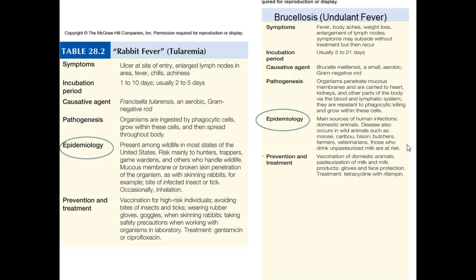So they can be infected, and the bad news with this is that for them, when they have this infection, it causes abortions. So it could wipe out a whole herd. It's highly contagious, and it's transmitted in the milk, and so humans can get it that way.